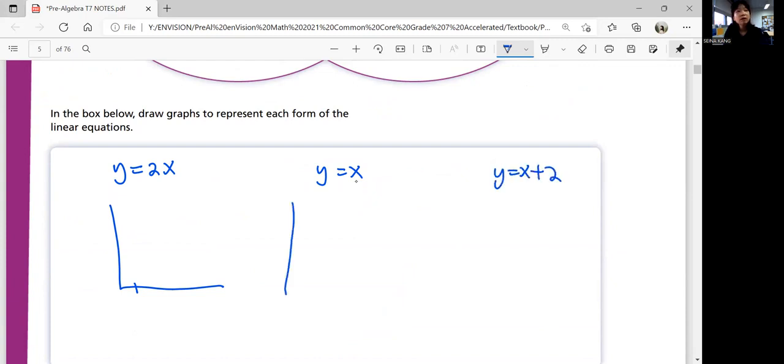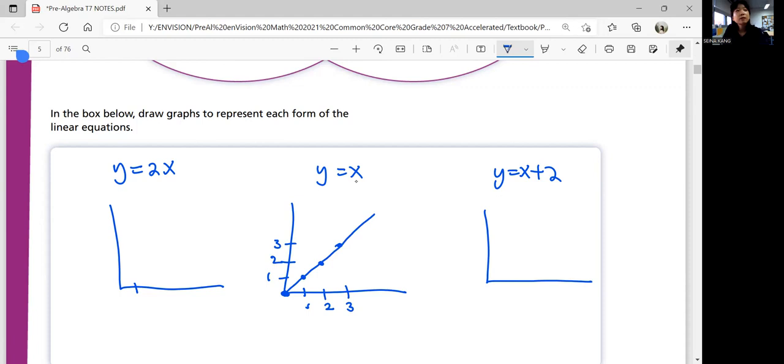Let's draw that. Okay, y equals x will have a slope of 1 and it starts with 0. 1, 1, 2, 2. When x is 3, y is 3. And so it's gonna look like that.